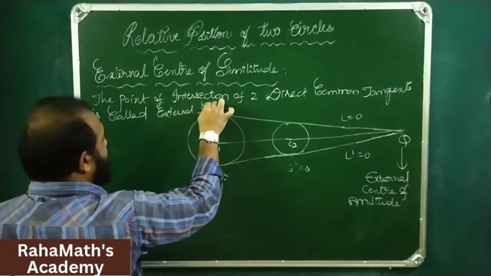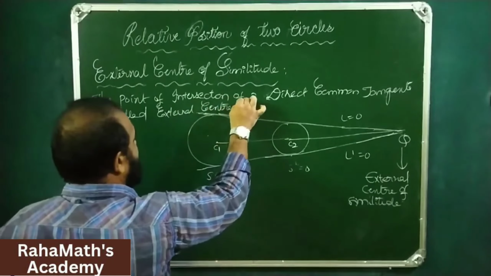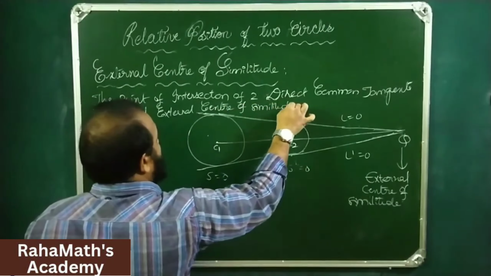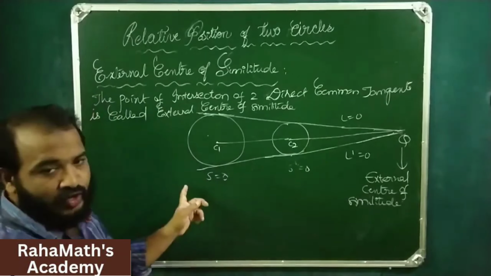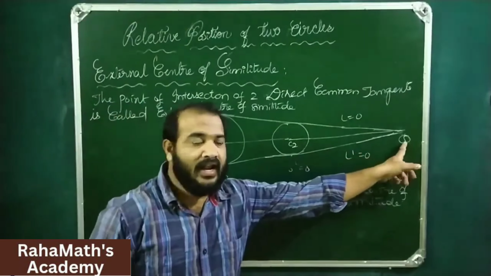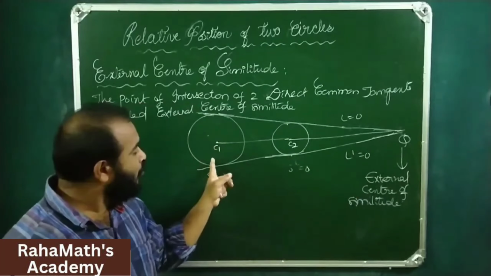Why did the name come like that? Because this point of intersection is lying on the exterior of the line joining the two centers.